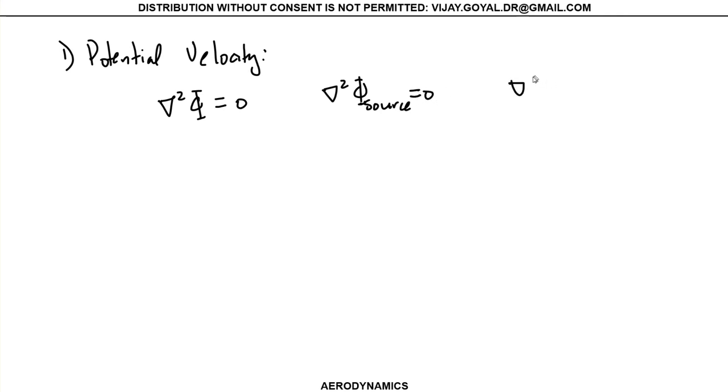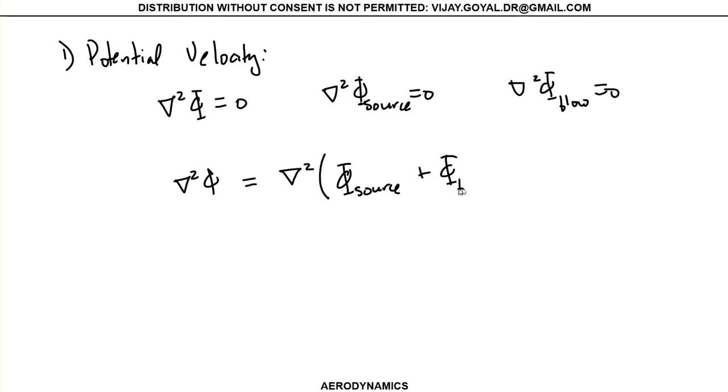We also know that for the flow itself it has to be 0. But since this is all 0, I can add them up. So therefore, this gives you the Laplacian of the source plus the potential of the flow, all of this equal to 0.